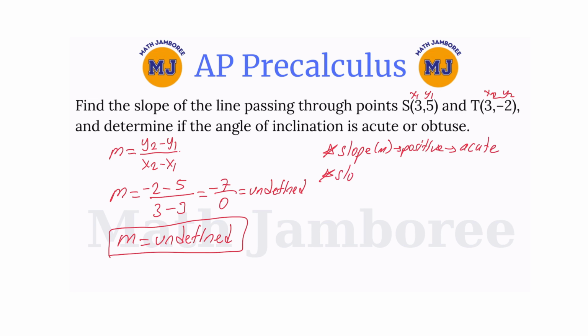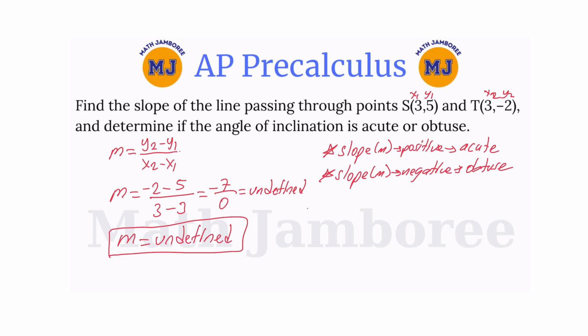And if the slope is negative, the angle of inclination is obtuse. In this case, undefined is neither positive nor negative, right?